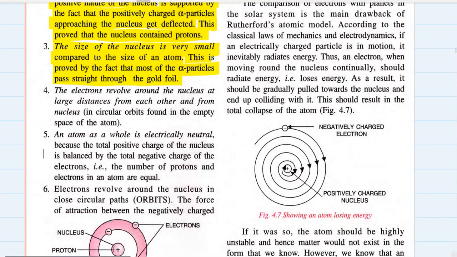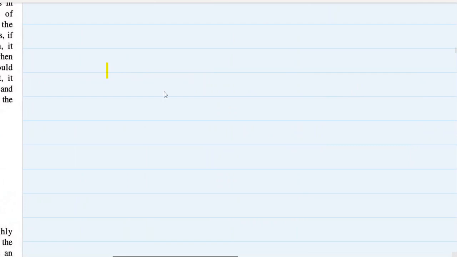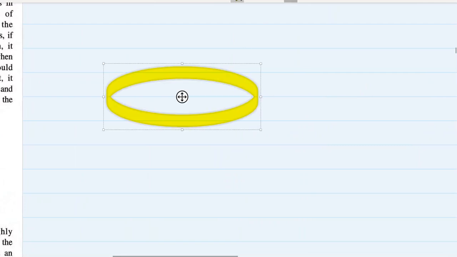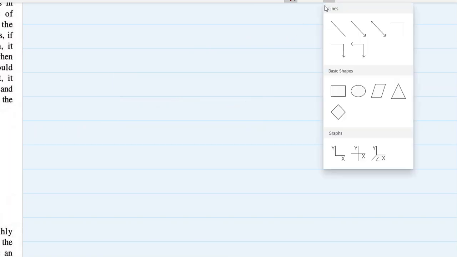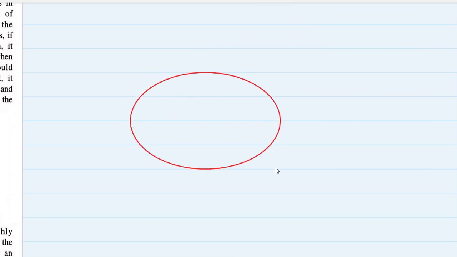Now, a comparison of the size of the nucleus and of an atom. Let's compare the size. Just imagine that your atom is a football ground, a football stadium, maybe circular or oval in shape, whichever shape you want.